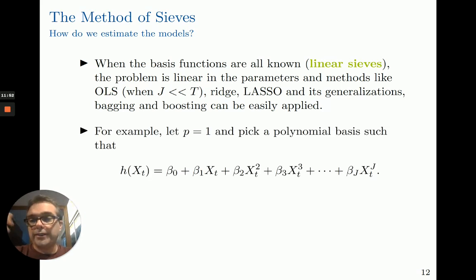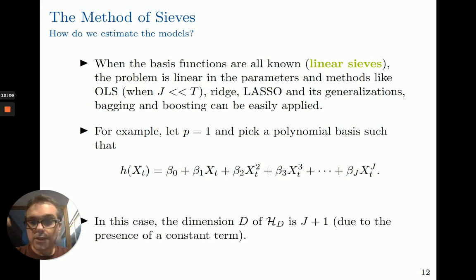So for example, let p equal 1 and pick a polynomial basis. What's going to be our approximating function? It will be just a polynomial in x of order j, like the one we have here. In this case, the dimension d of h_d is j plus 1 because we have an intercept. We have beta naught, so that's why we have plus 1 here.